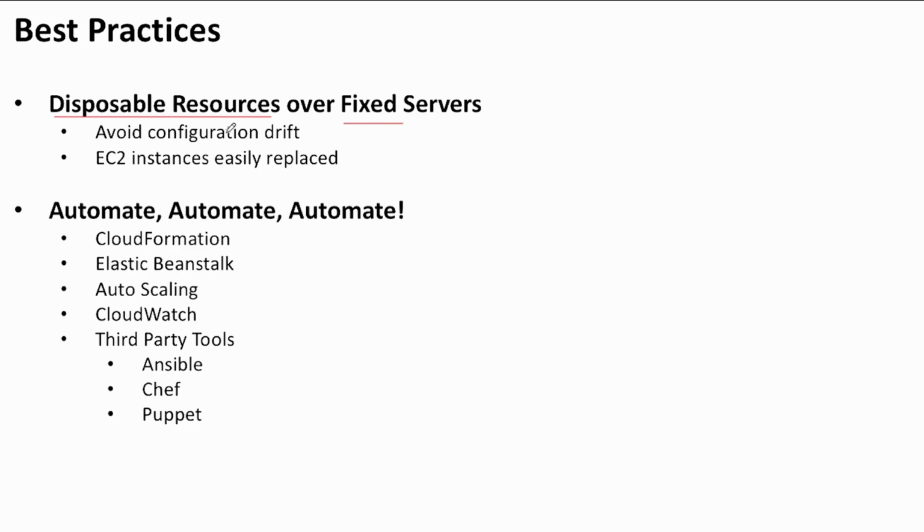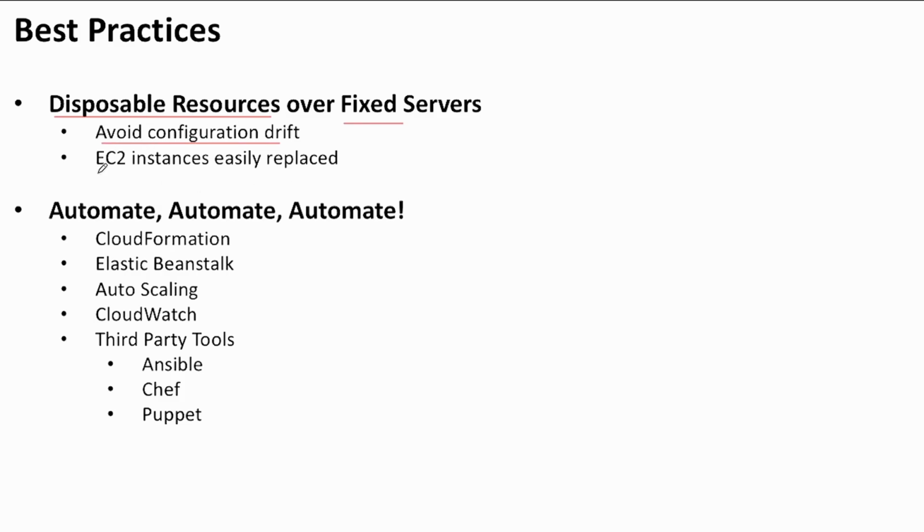By thinking of our EC2 instances as being disposable, it means that if there's a problem, we just throw it away and start over and allow our automated processes to kick in and get that machine back to a usable state. By doing this, we can avoid configuration drift.